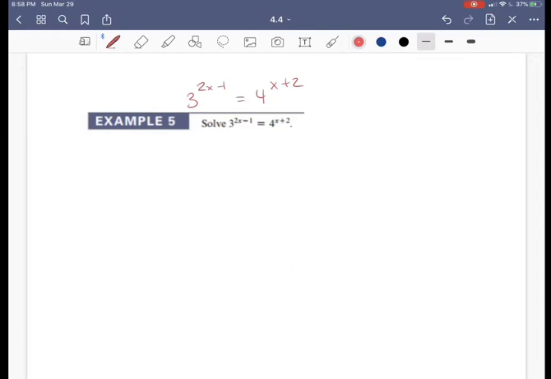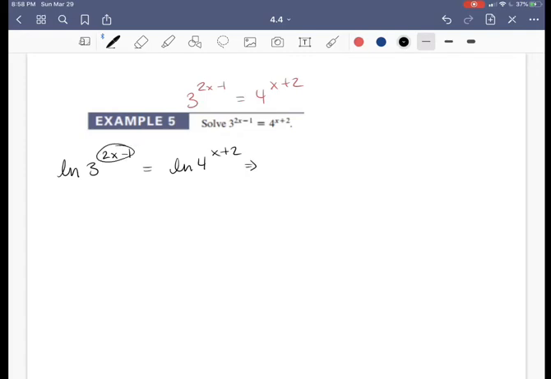So what can we do? Well, we can include natural logs to see what we can do with all of this. So let's see what happens, okay? So I'm going to do natural log of 3 to the 2x minus 1 is equal to natural log of 4 to the x plus 2. Again, this is a valid move because I'm using the natural log on both sides, which allows me to maintain my balance still.